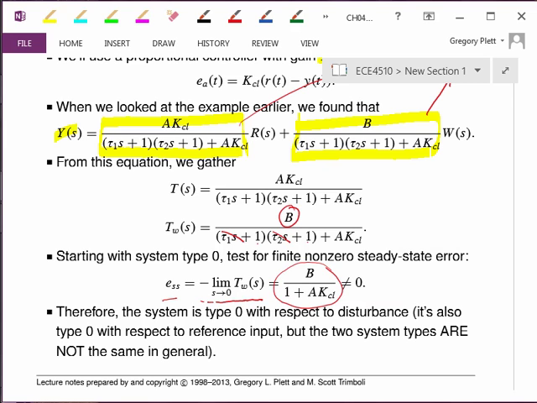So that concludes our chapter on looking at some basic properties of feedback, starting out trying to understand why feedback is of value. And we found out that it reduces our sensitivity to plant modeling errors. It reduces the impact of disturbance. It can change the transient response of the system because we move poles around.